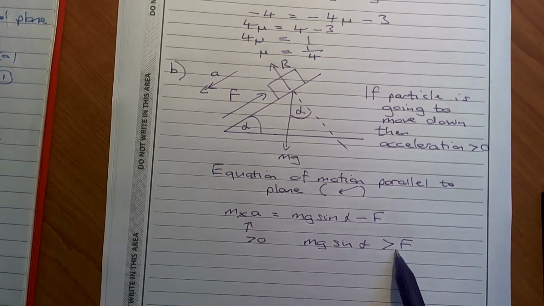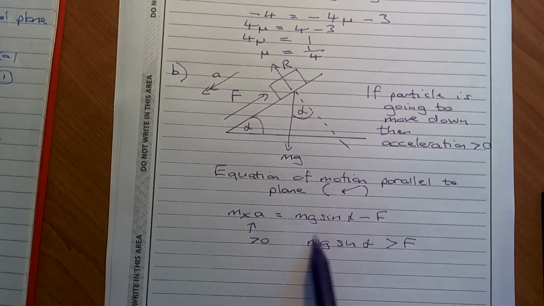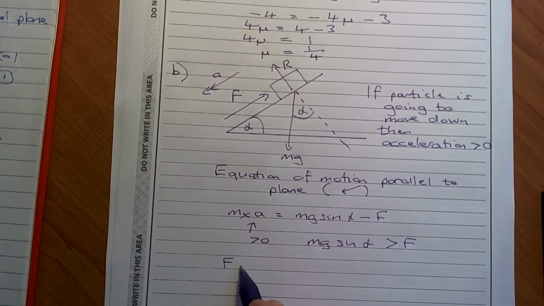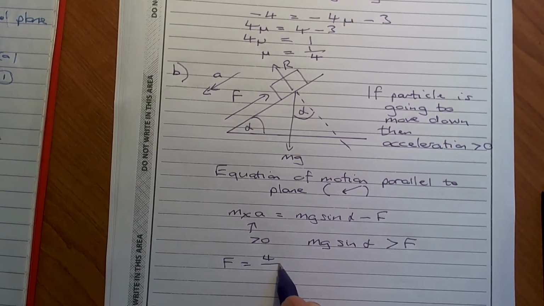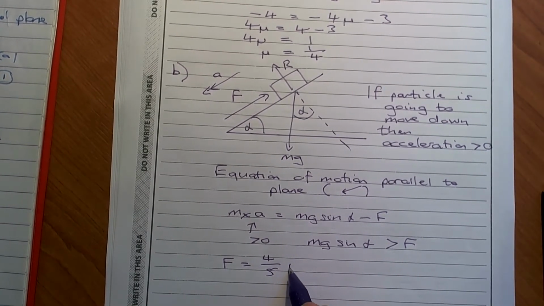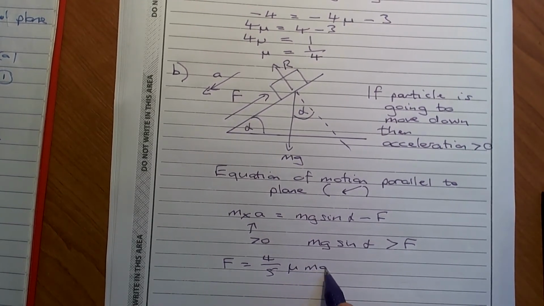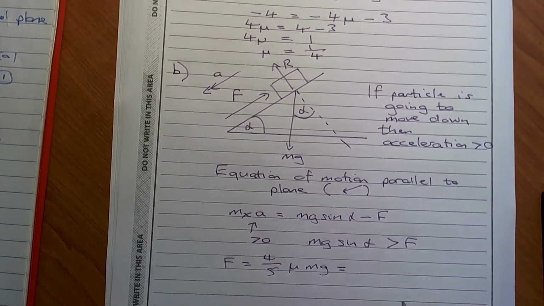So we know that mg sine alpha has got to be greater than F. So let's have a look. If we look back to part A, in part A we had F equals 4/5 mu mg. Well, let's substitute.